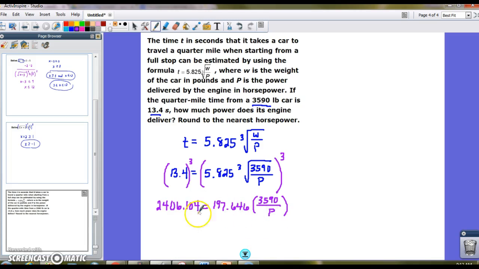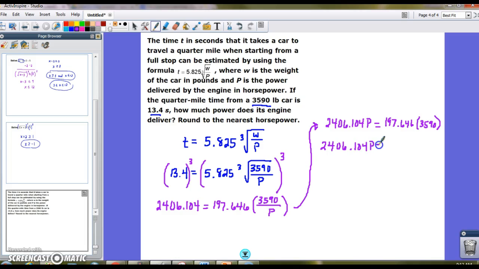If I multiply both sides of my equation by P, I'm going to write it up here, I end up with 2406.104 P is equal to 197.646 times 3590. Okay, I can multiply that out. When I multiply those together, I end up with 709,548.747.